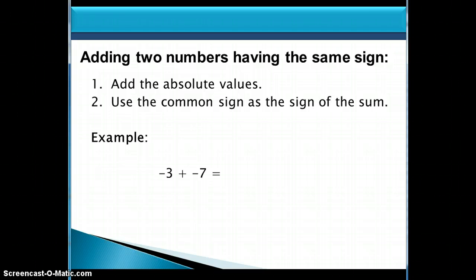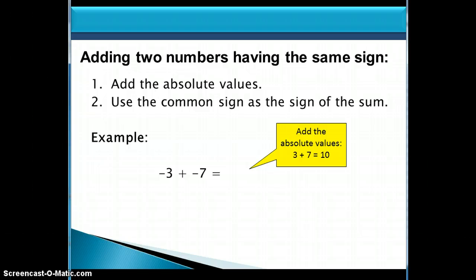And so we're going to add their absolute values together first. So that would be adding 3 plus 7, which gives us 10. And now we'll use the common sign as the sign of the sum. So our answer becomes -10. And again, you can think of this as we have 3 negatives, we add 7 more negatives to that, and that will give us a total of 10 negatives.